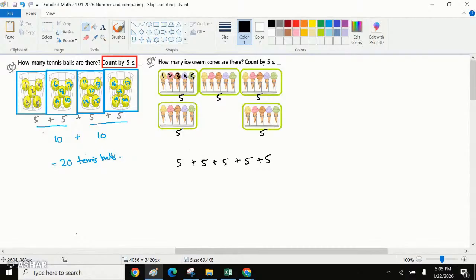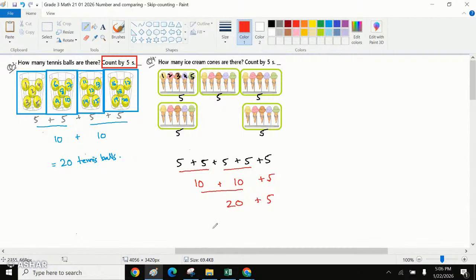Baruch, it would not be 30. Let's count again. See, easiest way is 5 plus 5 is 10. 5 plus 5 is 10. And we take this 5 as it is, right? 10 plus 10 was 20 plus 5, right?